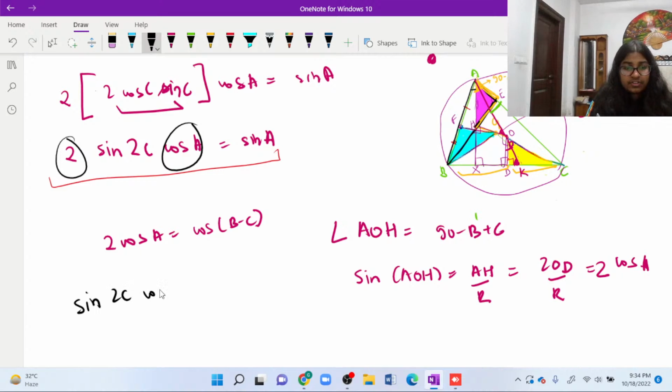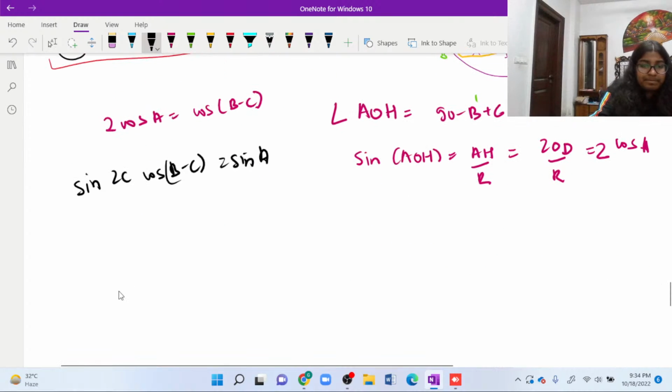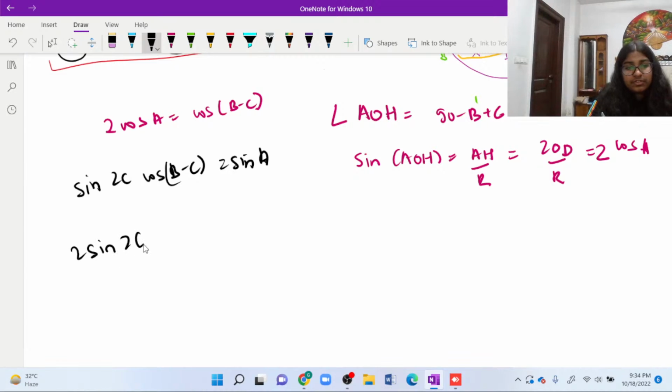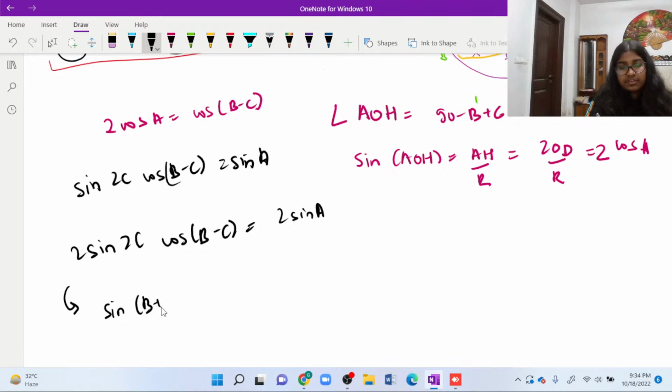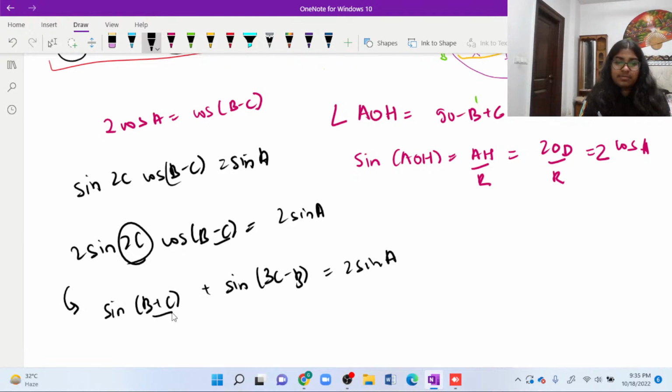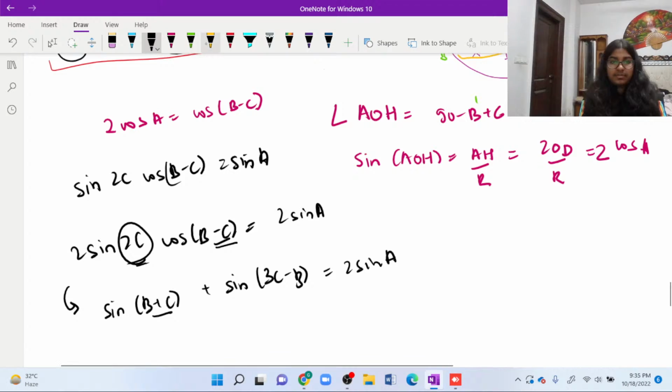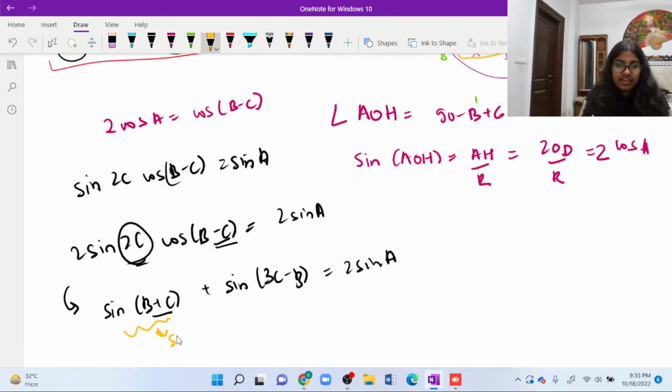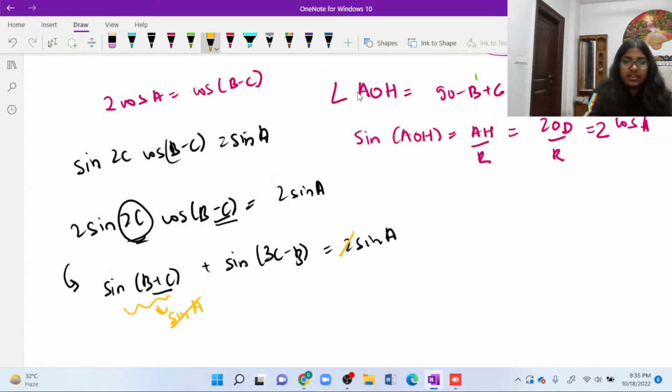So we have sine 2C cos of (B minus C) equals sine A. So 2 sine 2C cos(B minus C) equals 2 sine A, and this means sine of (B plus C) plus sine of (3C minus B) equals 2 sine A, because 2C plus B minus C is B plus C, and 2C minus B plus C is 3C minus B, and this is clearly sine A, so we cancel one of them.